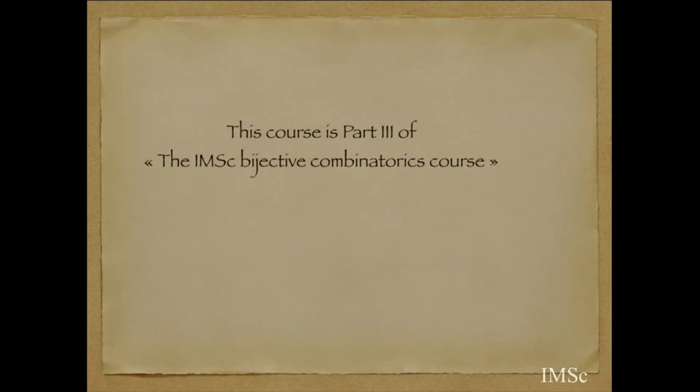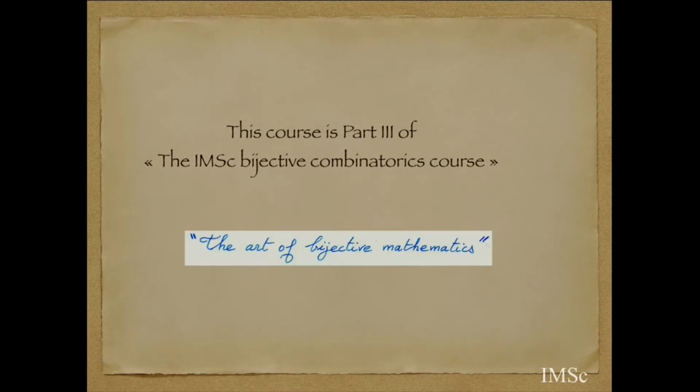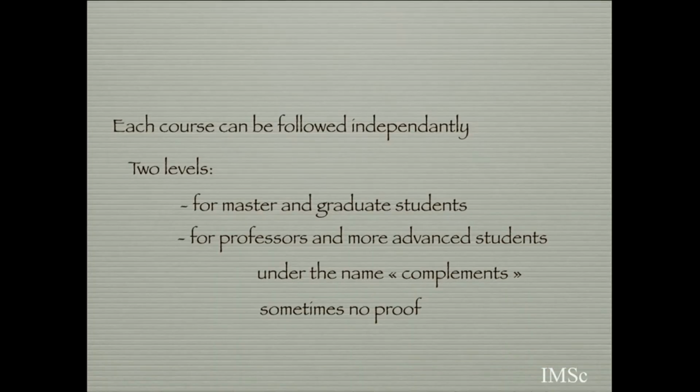This course is part of the course I've been giving for 2 years. This is part 3; there are part 1 and part 2. I like to call this the art of bijective mathematics, just to rephrase Knuth, the art of computer programming. Each course can be followed independently, so if you did not follow part 1 and part 2, no problem.